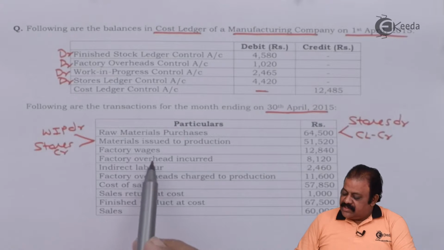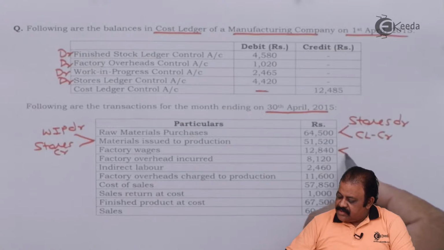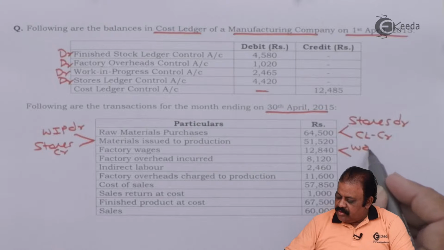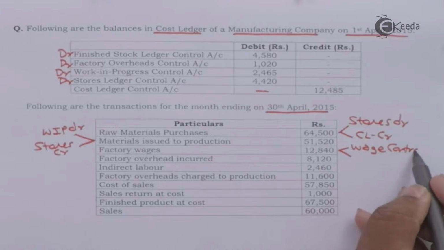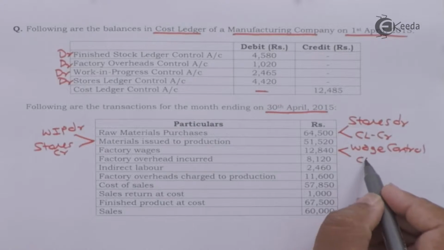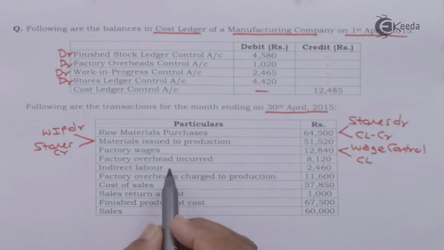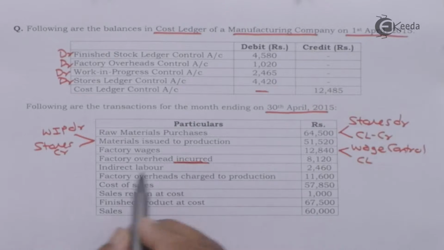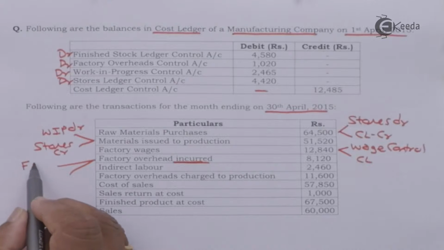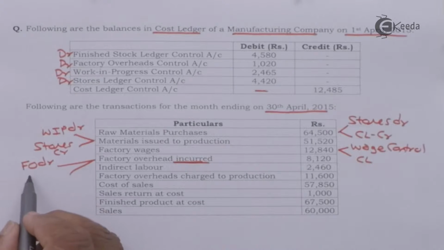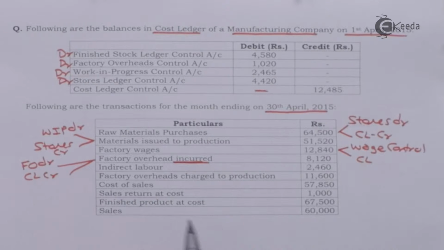Factory wages. This will be recorded in wage control and cost ledger. Factory overheads incurred. Factory overheads debit, cost ledger credit.